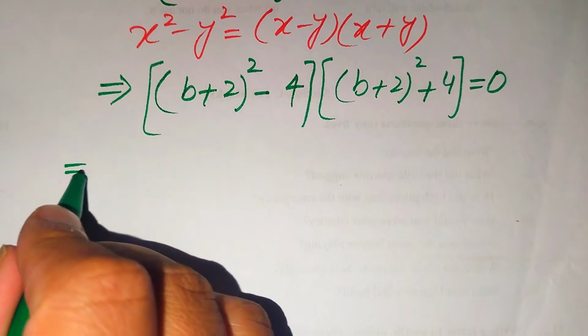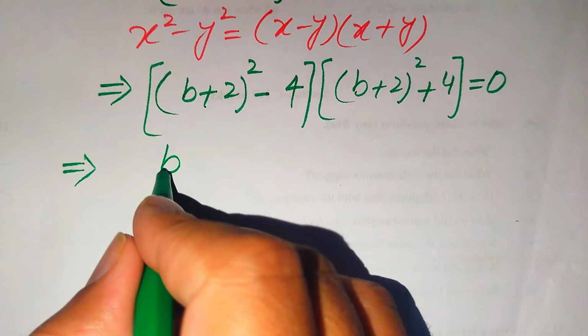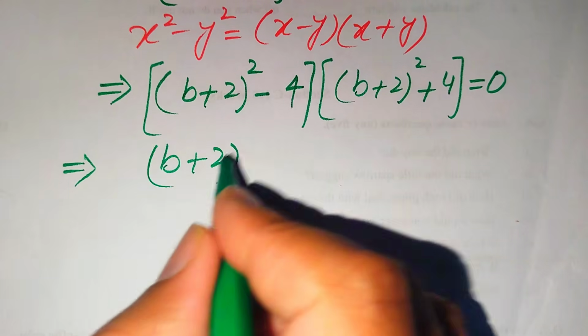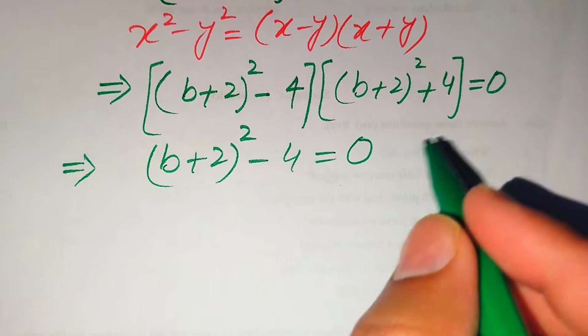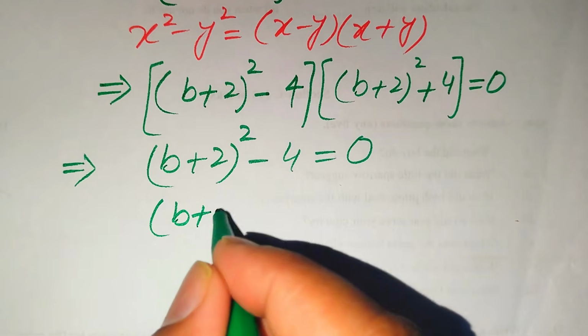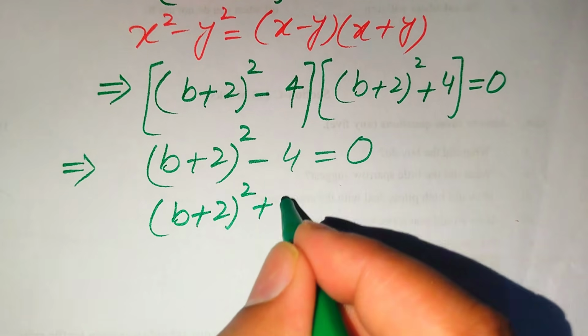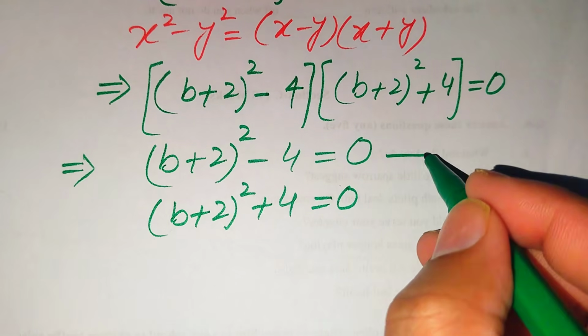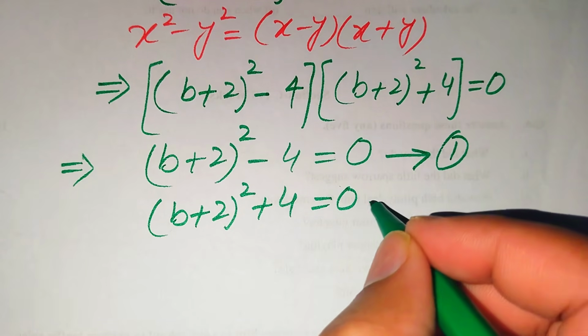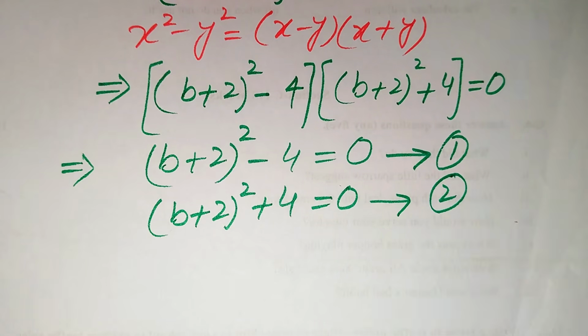And now we divide this equation into two cases. The first case is (b+2)^2 minus 4 equals 0, and the second case is (b+2)^2 plus 4 equals 0. We call these equation number 1 and equation number 2.